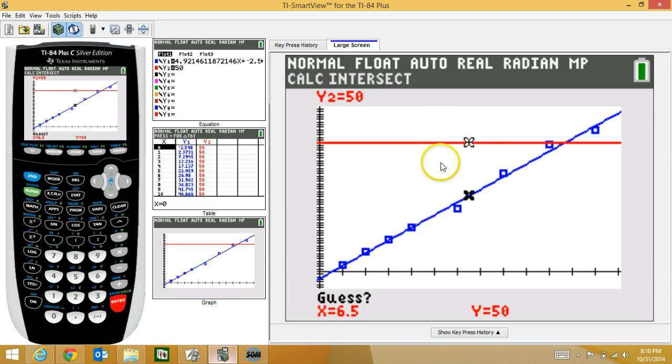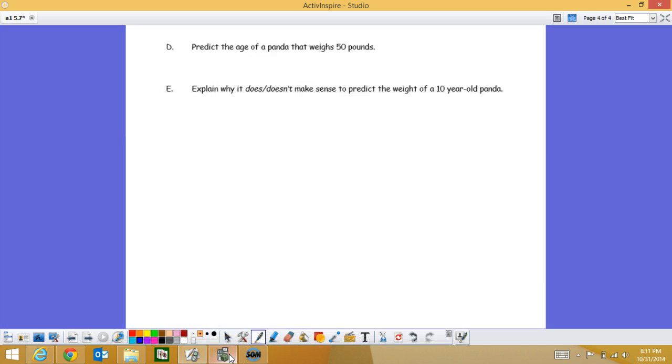And that doesn't matter because the calculator will automatically snap to the intersection. And a panda that is 50 pounds will be about 10.7 months old. So that is the age of the panda, about 10.7 months.